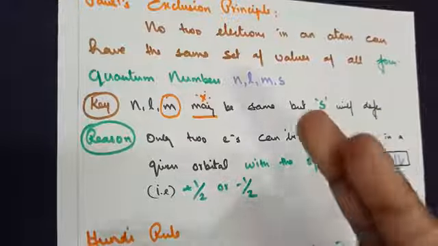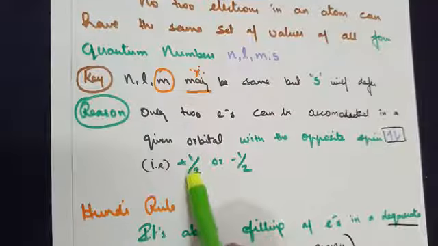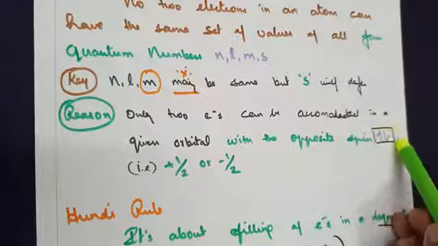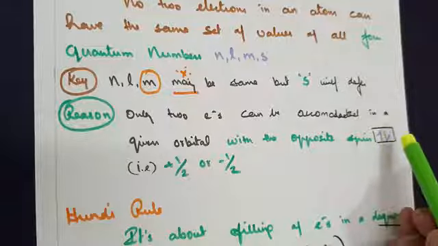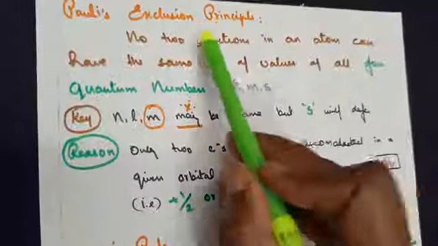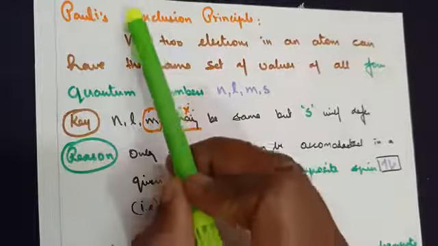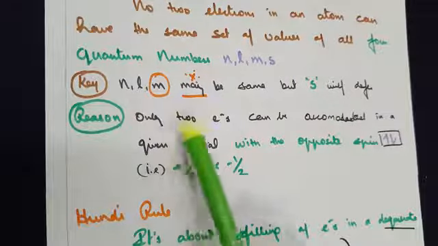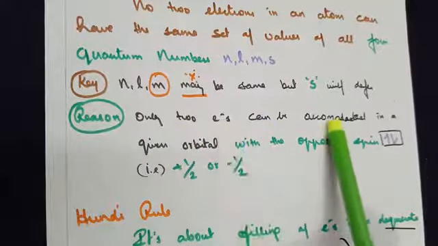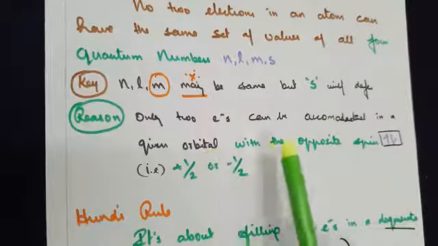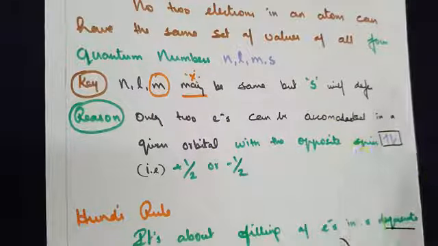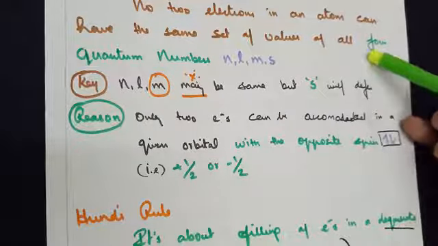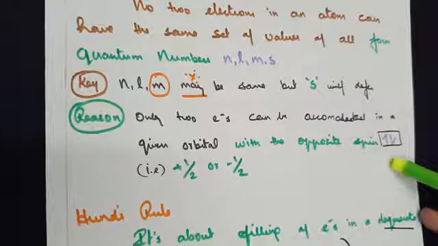I told you there are only two possibilities, either a positive spin or a negative spin, meaning in one orbital you can have a maximum of 2 electrons. So even if you do not write anything else, for Pauli's exclusion principle remember the reason that I have written: only 2 electrons can be accommodated in a given orbital with opposite spin. So you cannot write 2 arrows both facing upward or both facing downward.